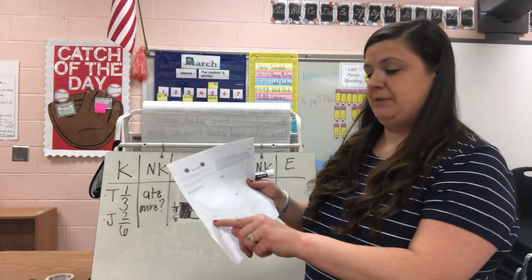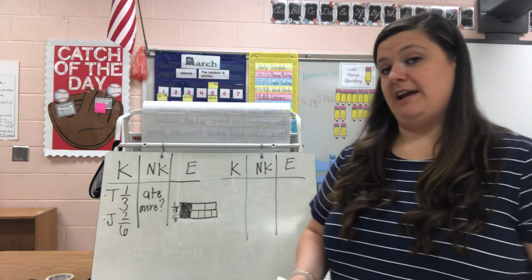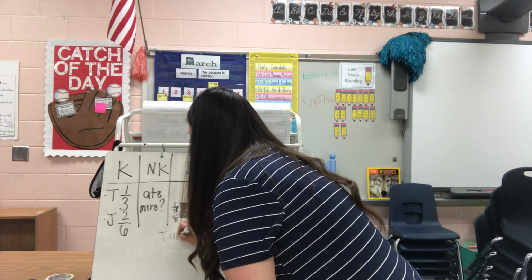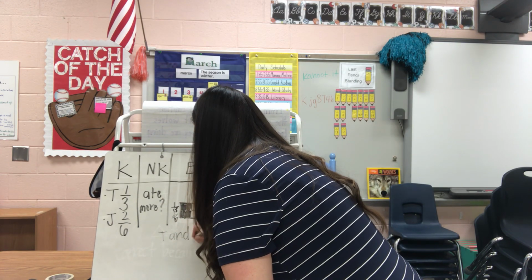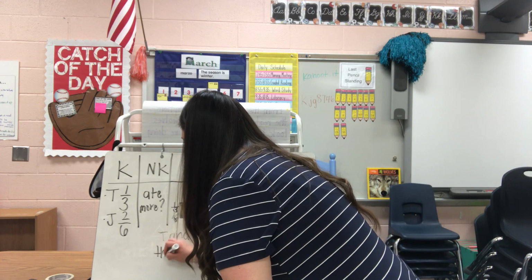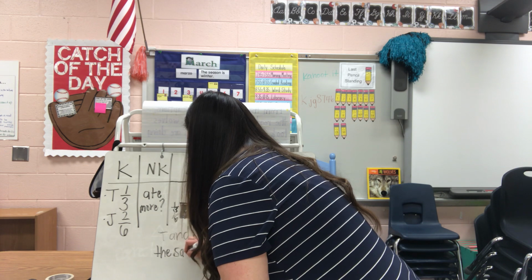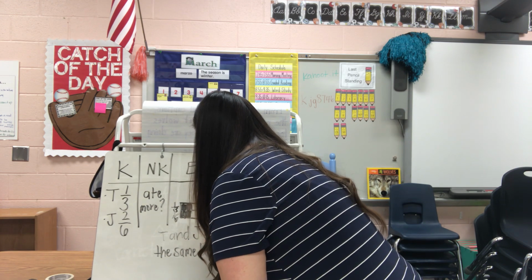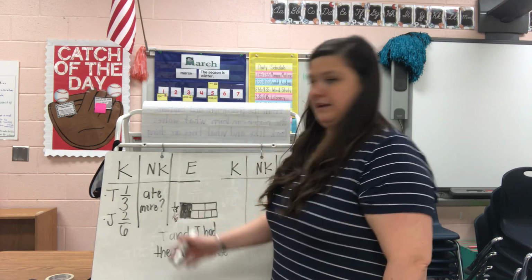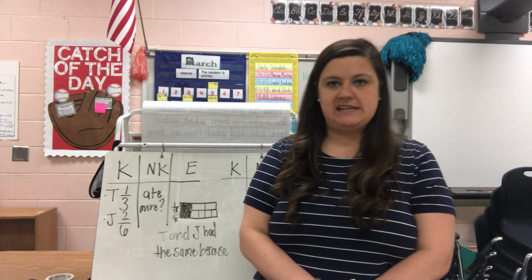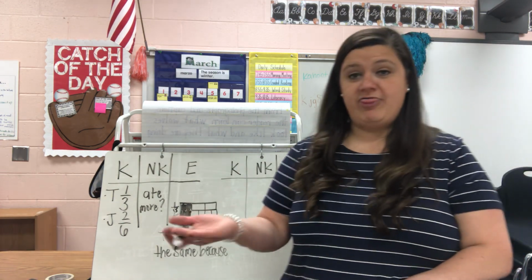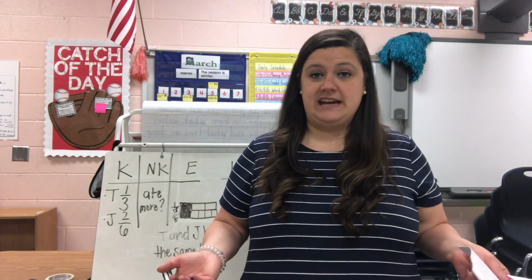It tells us to explain it in words, so we can write our answer out. So, T and J had the same amount because, well, how do we know? There's a couple things we could say. T and J had the same amount because 1/3 is the same as 2/6.